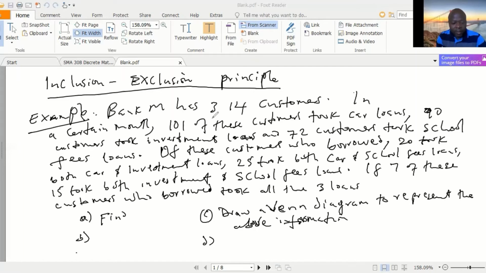Now, we'll use the inclusion-exclusion principle to do this. We have 3 sets. One, the set of the customers who took car loans. Then you have the set of customers who took investment loan. Then you have the set of the customers who took school fees loans, and those who took school fees loans was 72.